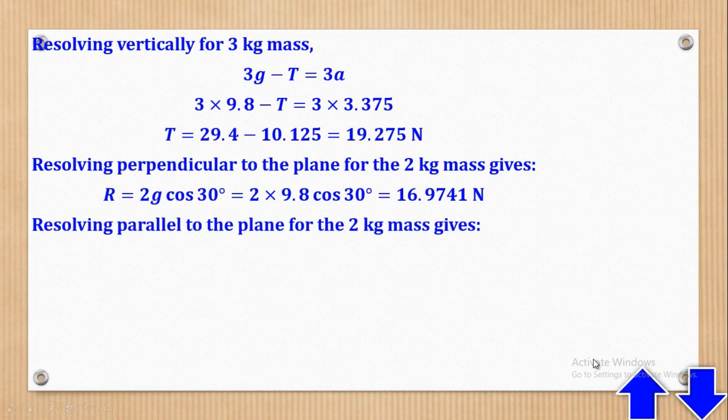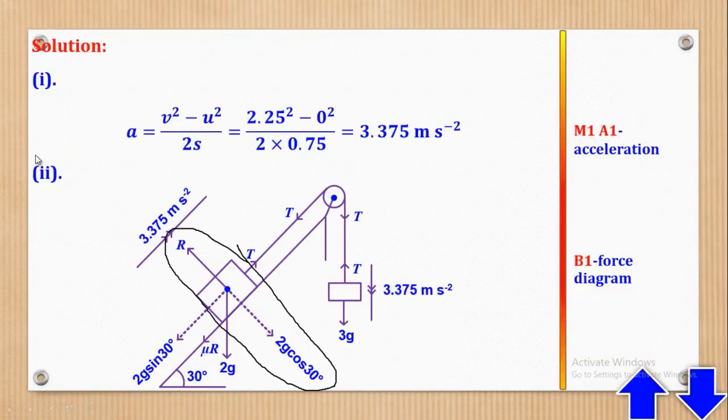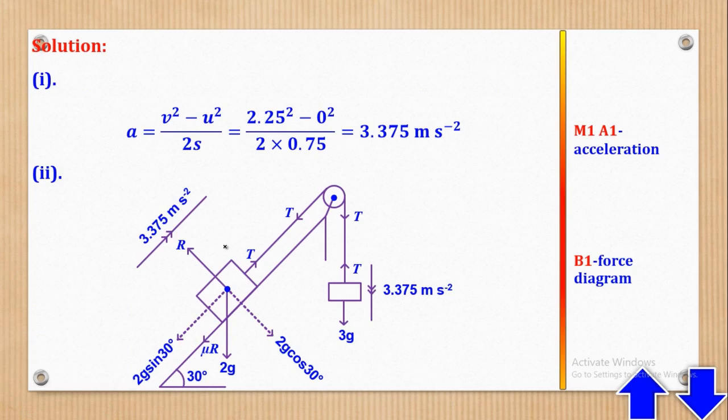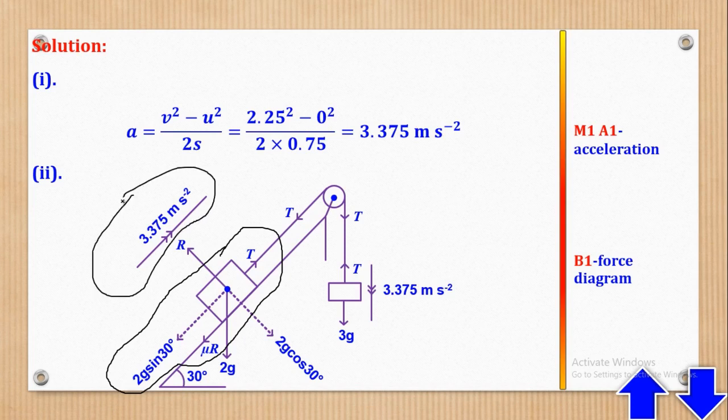Then next is to resolve parallel to the plane. So parallel to the plane, we are interested in these forces and also this acceleration. Therefore, it is up the plane, meaning the one force will be T minus the sum of 2g sine 30 plus mu R equal to ma, where a is that.